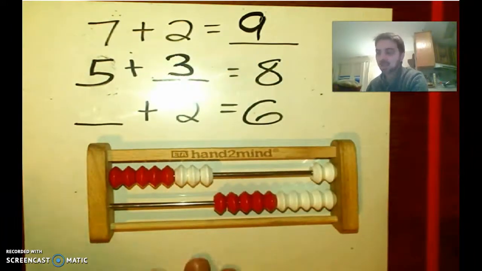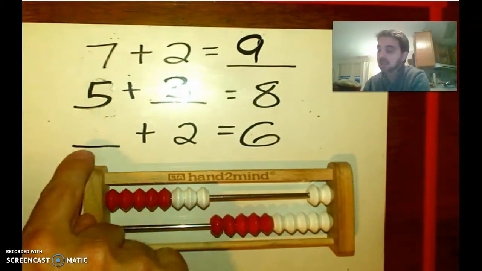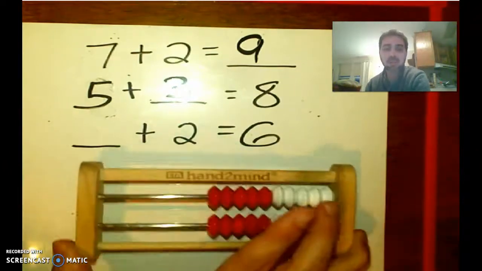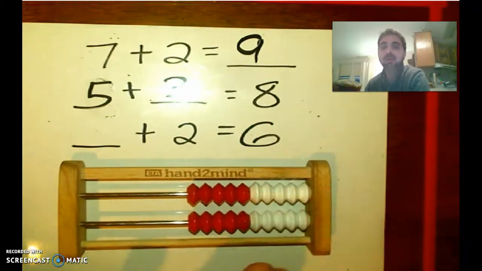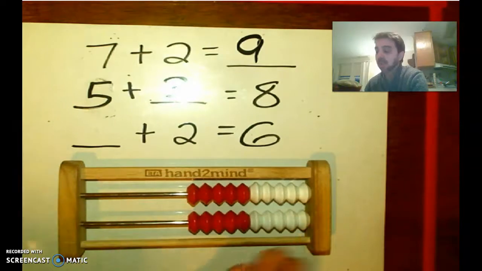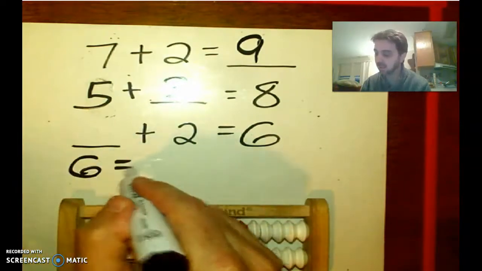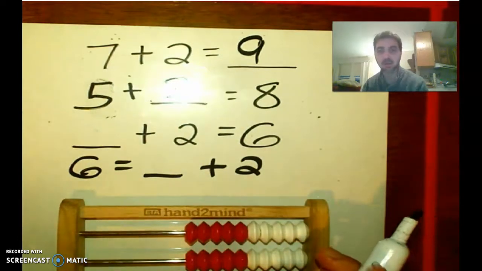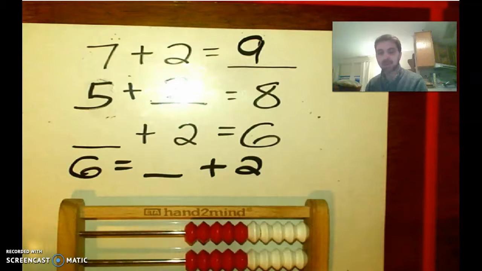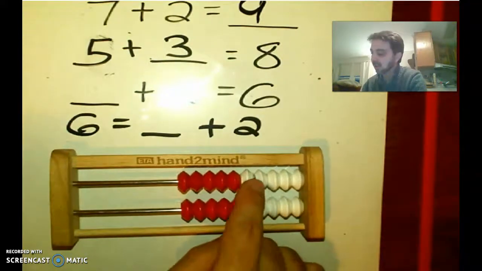Now this last one is the most difficult type. It says something plus 2 equals 6. Here's what I recommend doing for that. Think of it more as 6 equals something plus 2. What I would do is slide 6 over.